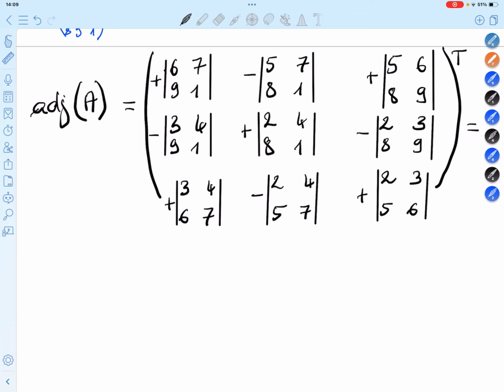Now this would be equal to, this is a determinant, so we multiply 6 by 1, then we subtract 9 times 7. So 6 times 1, 6, 9 times 7, 63.